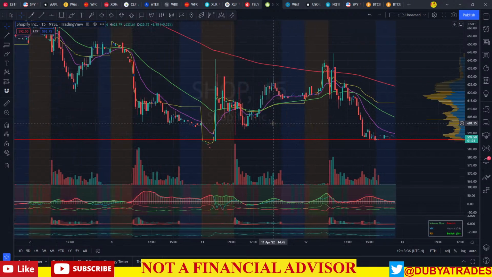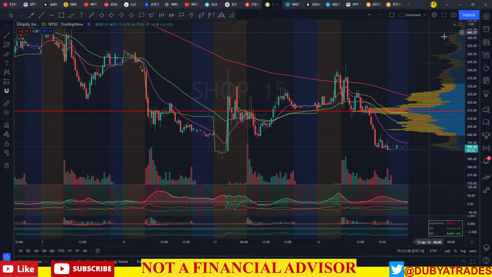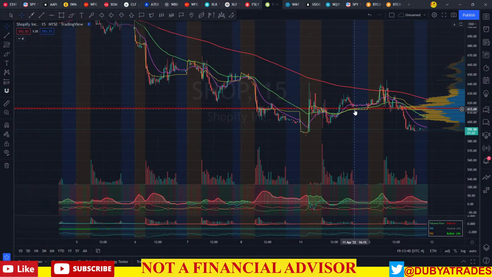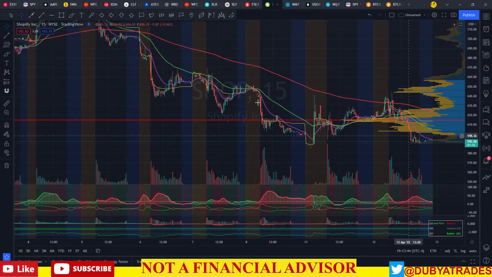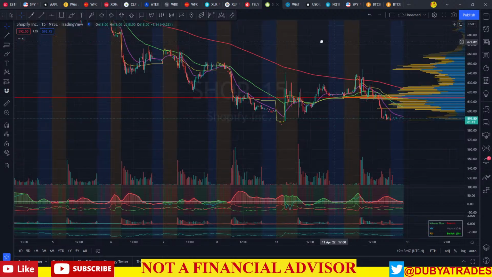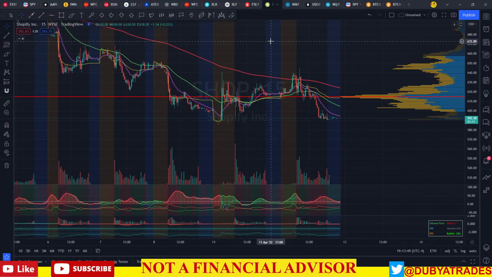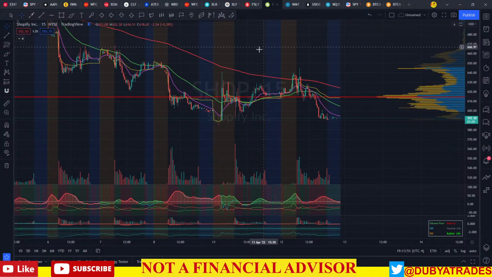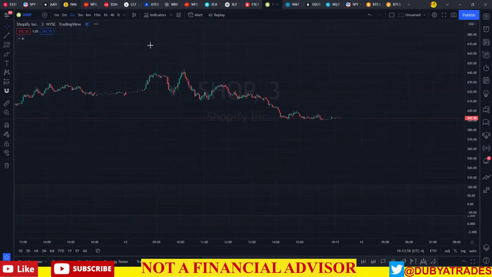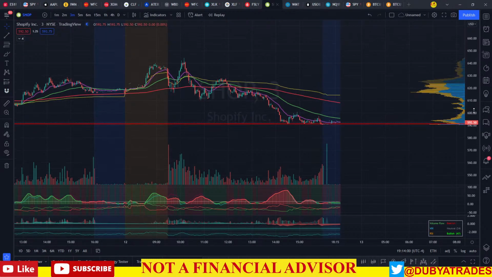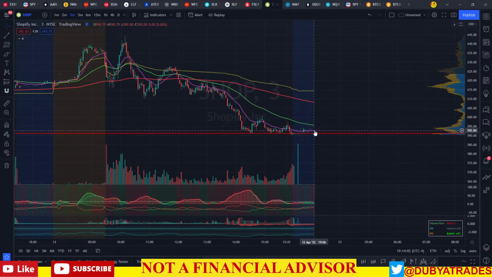Yeah, again with this too, right here, you can see with Shopify, it's pretty much following this 50 with a touch of the 200 every once in a while and getting rejected. But for me on this, if I was expecting it to get back out of this, if I was expecting it to go bullish again, I would need to see that cross back over the 20 over the 50 and possibly even over the 200.